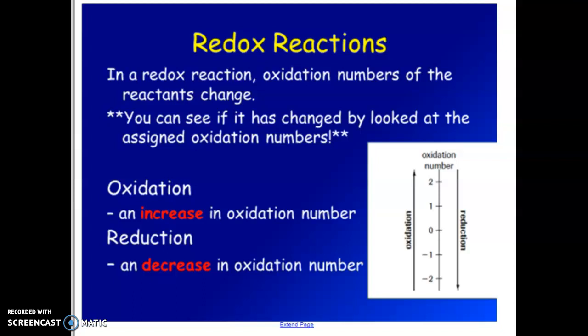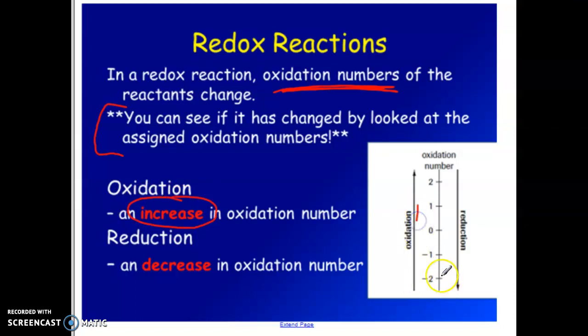So remember, redox is short for reduction oxidation reactions. So when you're looking at a redox reaction, how you actually know that you have one of them is you have to look at the oxidation numbers for the elements in the reaction. So there should be a change in those numbers. Oxidation reactions is when there is an increase in oxidation numbers.